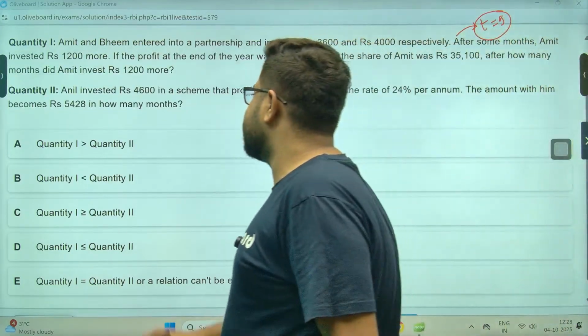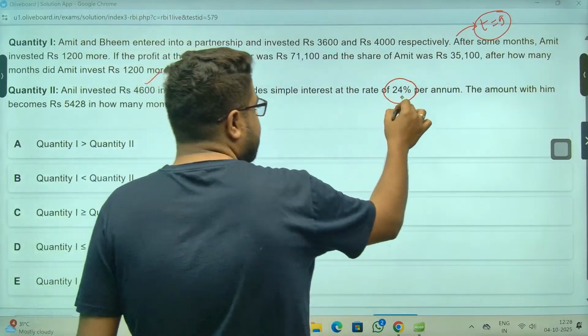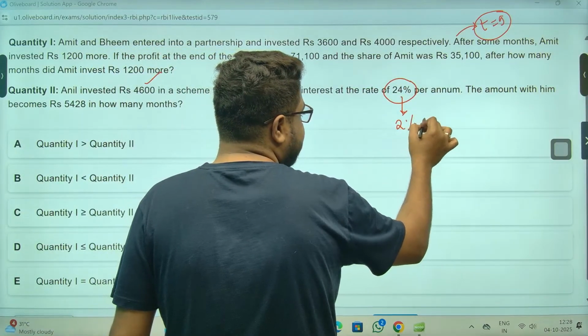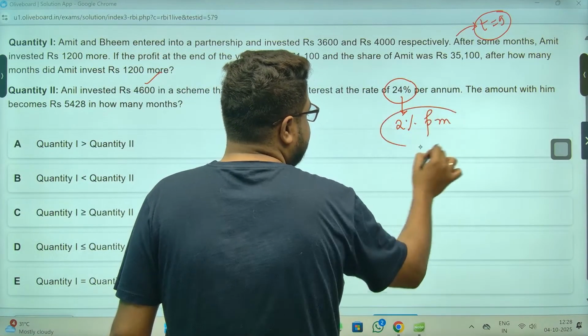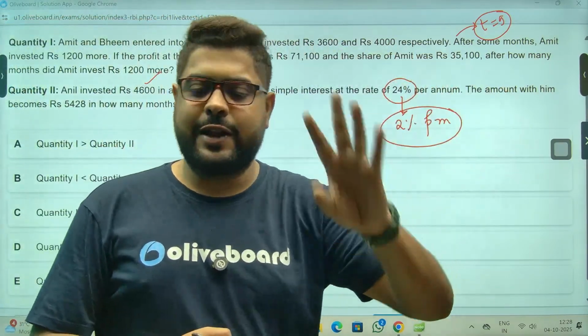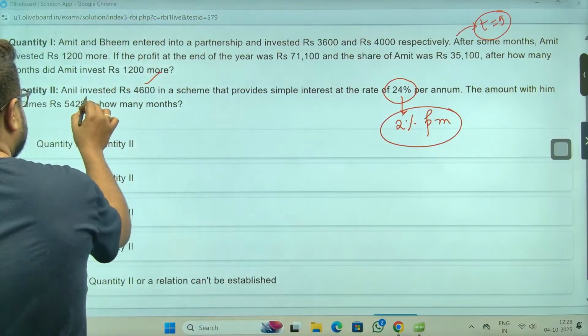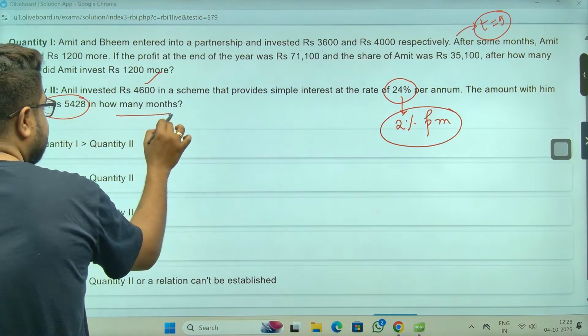Amit invested this much in a scheme, 24% per annum. It's about months, so 2% per month. Think like this: 24% per 12 months, so 2% per month. The amount with him became this. In how many months?